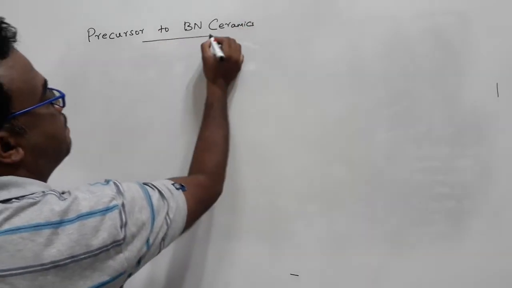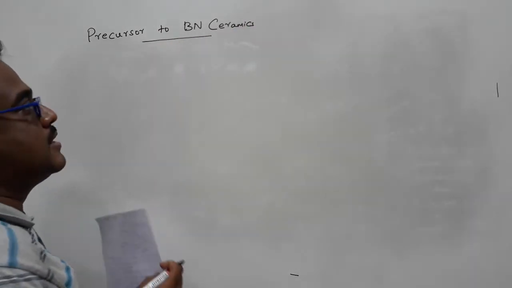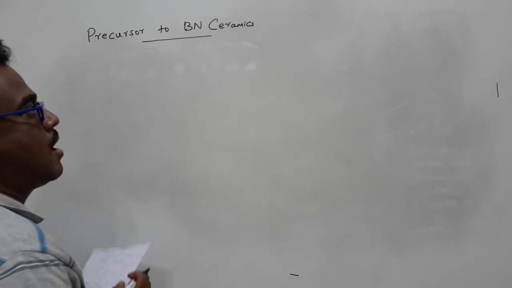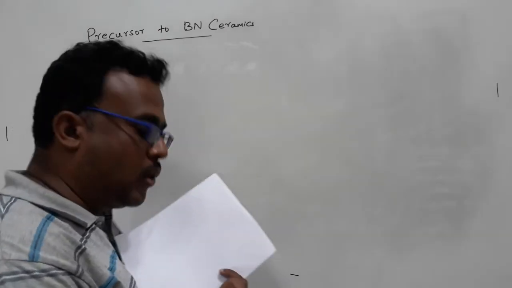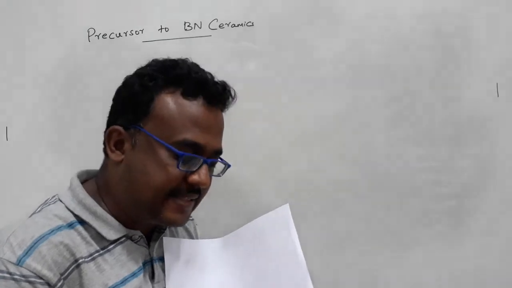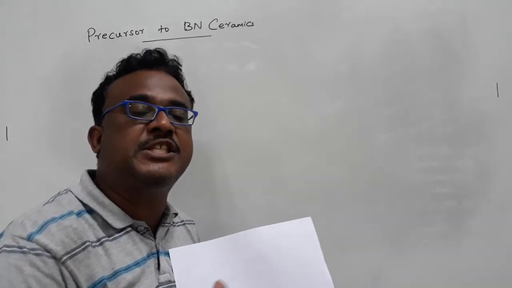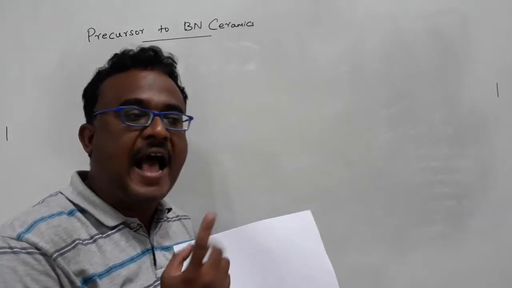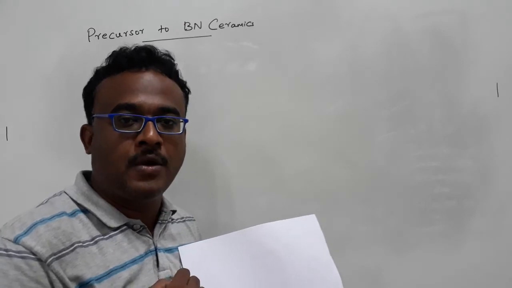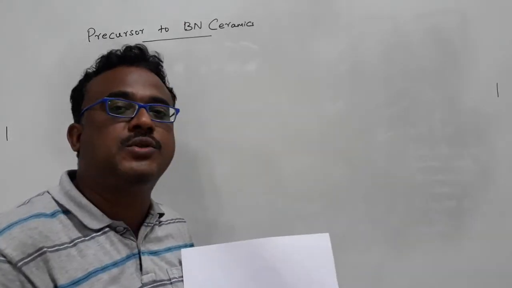If you have to prepare boron nitride ceramics, this borazine can be used. Because, why? We know that in B3N3H6, the boron nitrogen ratio is fixed. It has a 1:1 ratio, and boron nitride also needs a 1:1 ratio.